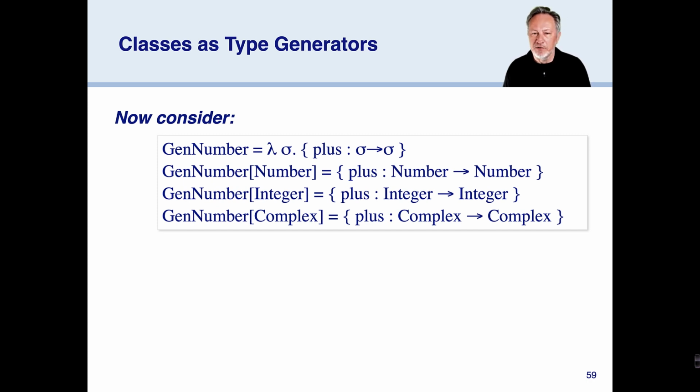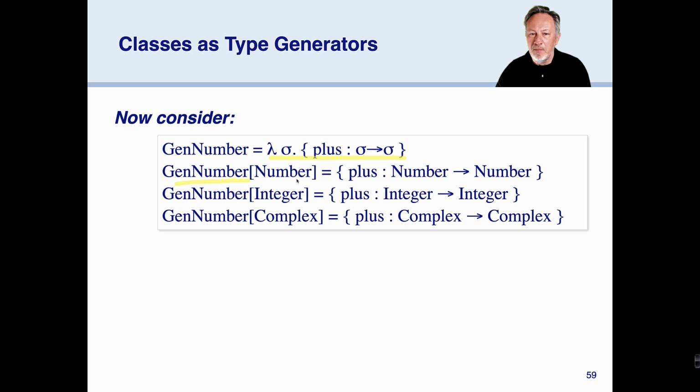Now look at this weird stuff. Now we've seen lots of lambda stuff. Maybe we can make a bit more sense of it now. So if we have, instead of number, think of gen number. This is going to be a generator for classes, and it takes as a parameter some sigma. It's an ordinary lambda. We haven't taken any fixed point yet.